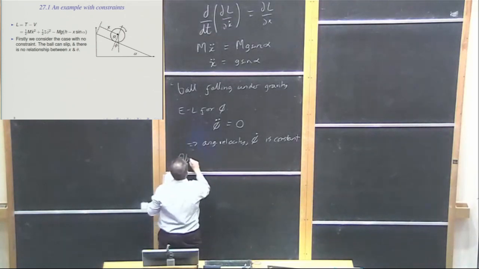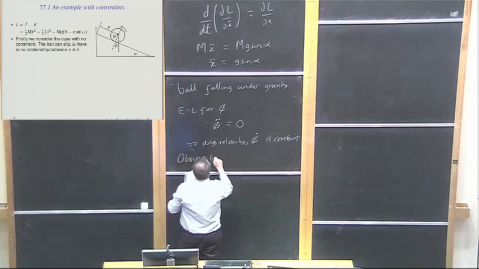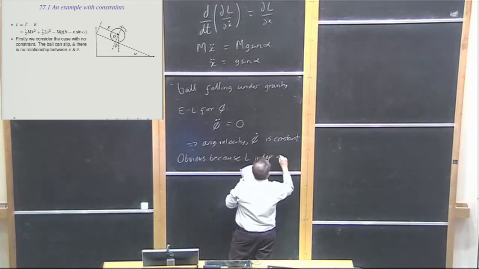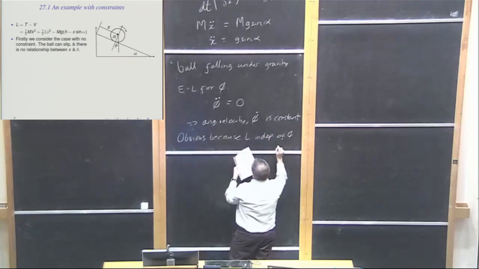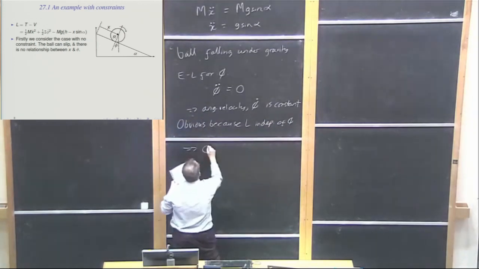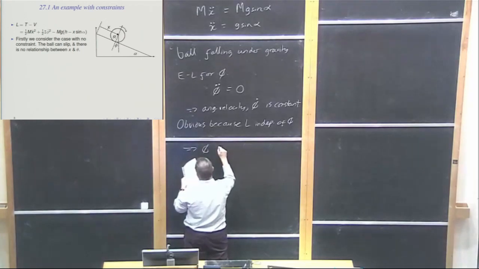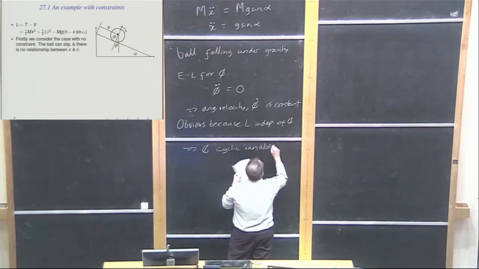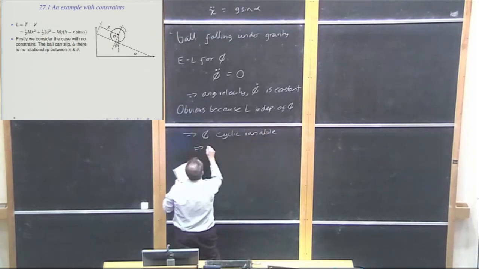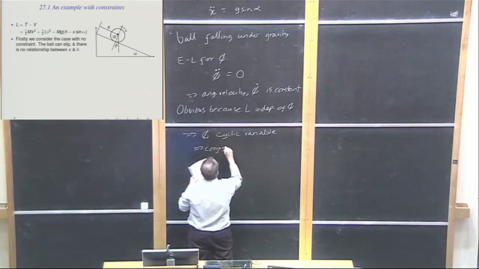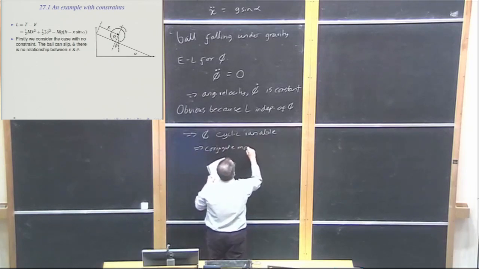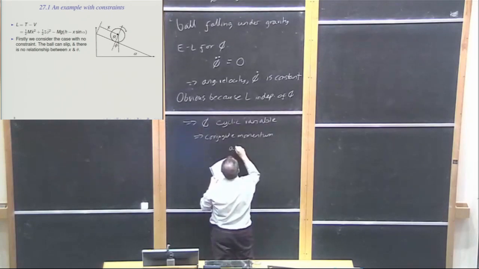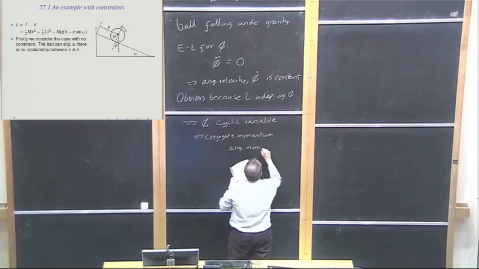This is obvious because L is independent of phi, and I remind you of the jargon, that means that phi is a cyclic variable. And if that's the case, then the conjugate momentum, which is in this case the angular momentum, is constant.